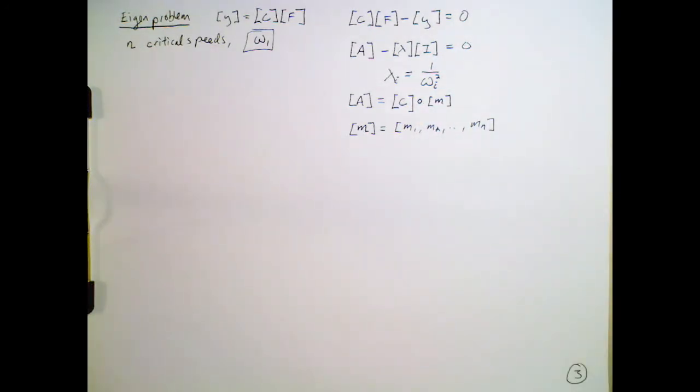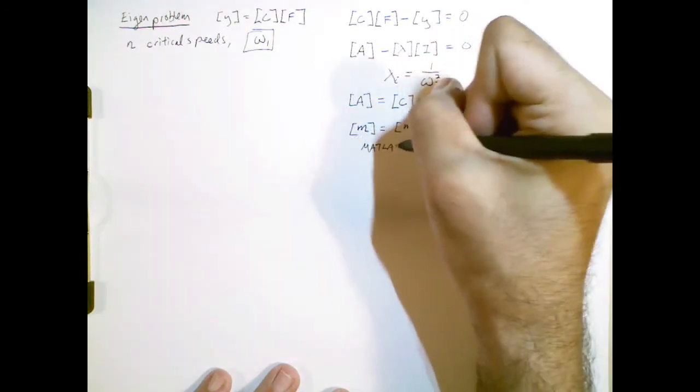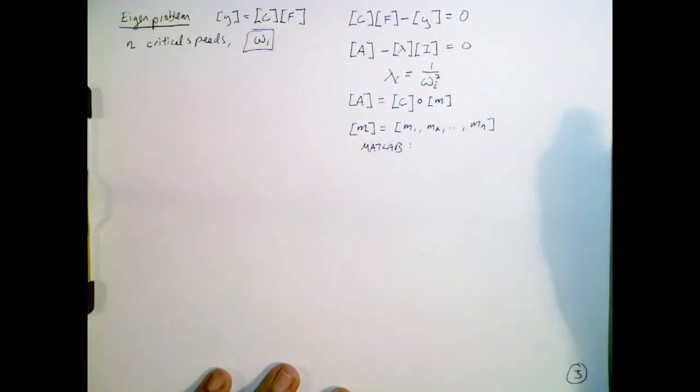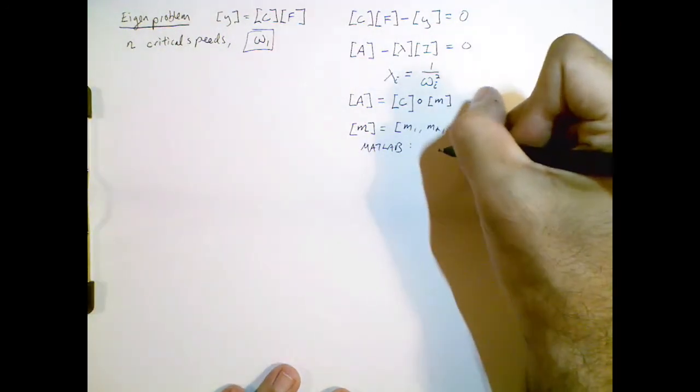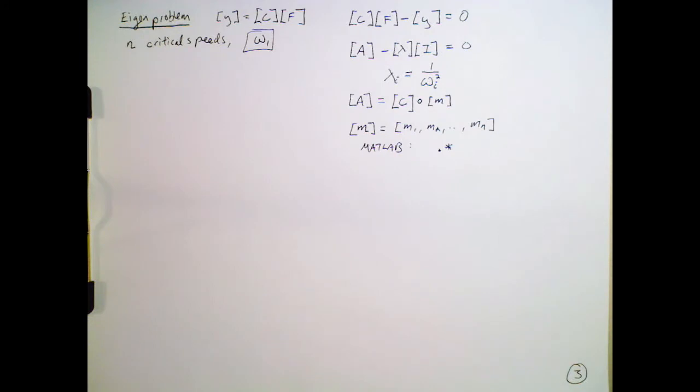And what is the Hadamard product? It's an element-wise multiplication. If you are familiar with MATLAB, that is simply going to be equivalent to the dot times operator. So what would an element-wise multiplication look like?